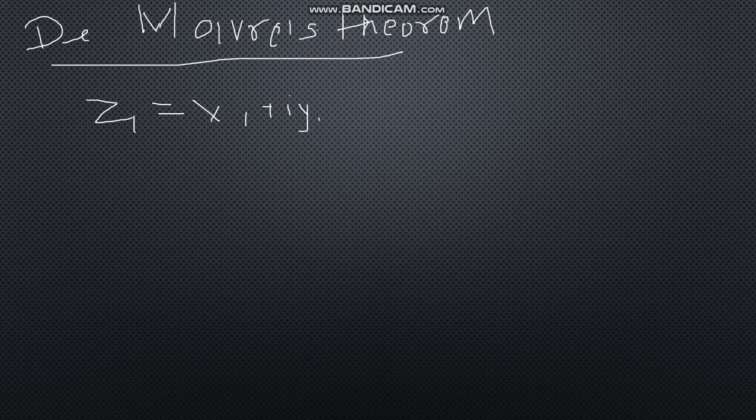So next topic, we study de Moivre's theorem. For de Moivre's theorem, we assume z1 is equal to x1 plus iota y1 and z2 is equal to x2 plus iota y2.